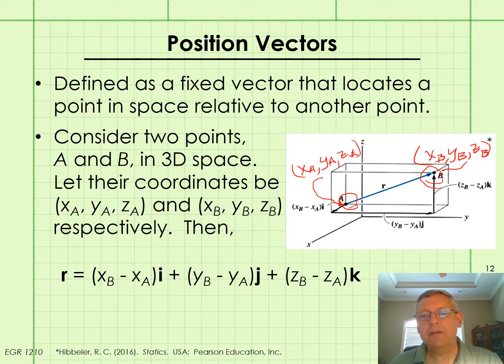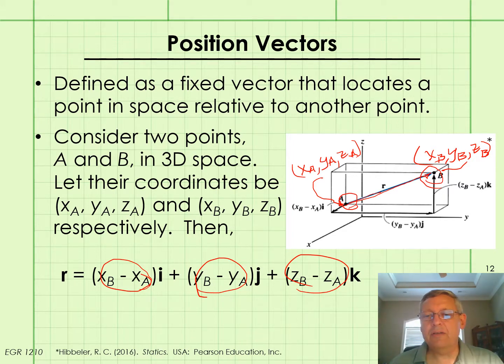Then the position vector from A to B is given by, and we call our position vectors R, little r. That position vector is given in Cartesian form by X sub B minus X sub A, I, plus Y sub B minus Y sub A, J, plus Z sub B minus Z sub A, K. Now what is that physically speaking?